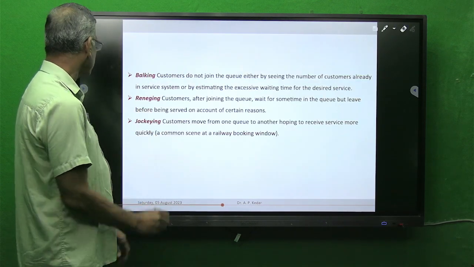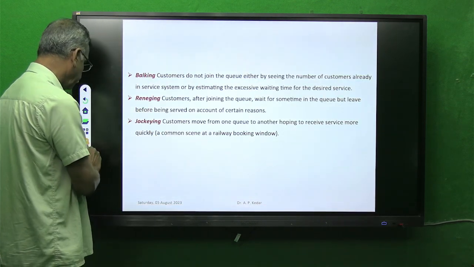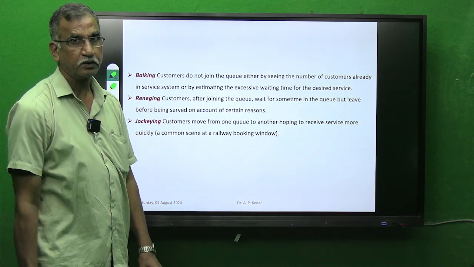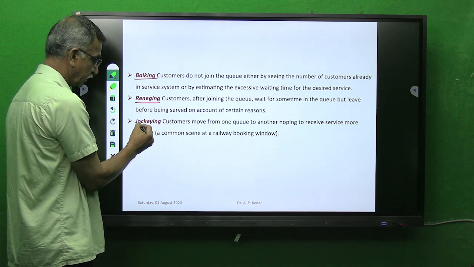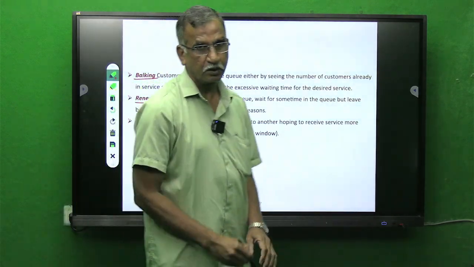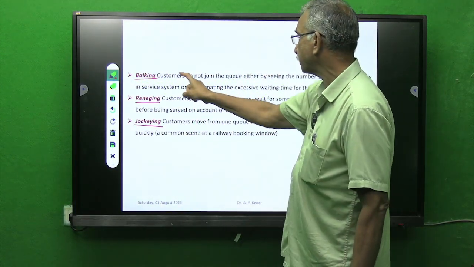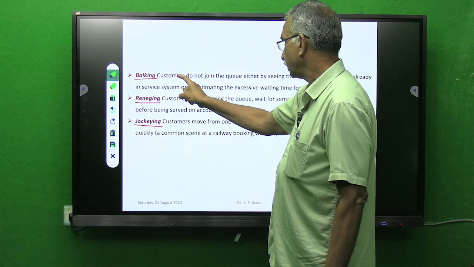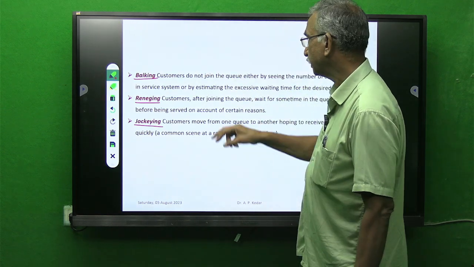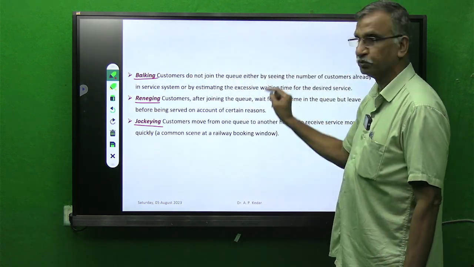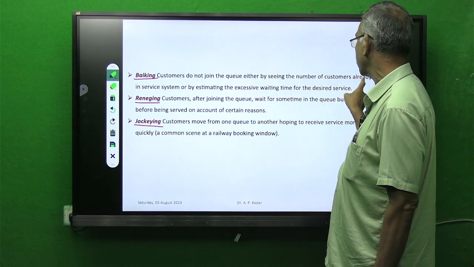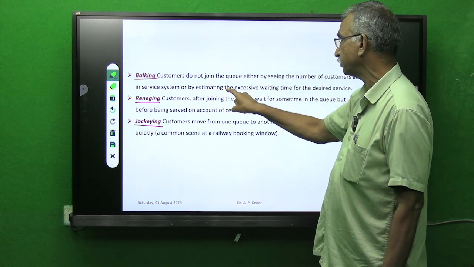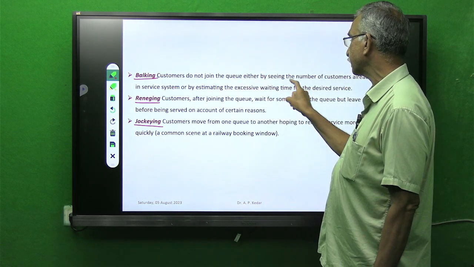Now, these are 3 important behaviors of the customer. One is balking, another is reneging, and third is jockeying. When a customer balks, the customer does not join the queue, either by seeing the number of customers already in the service system or by estimating excessive waiting time.